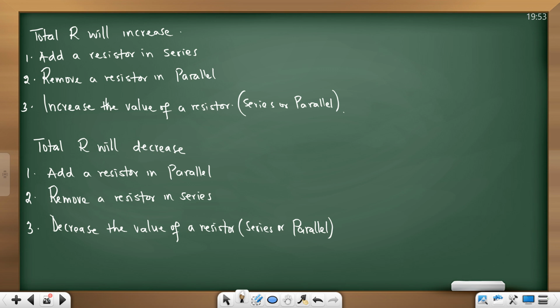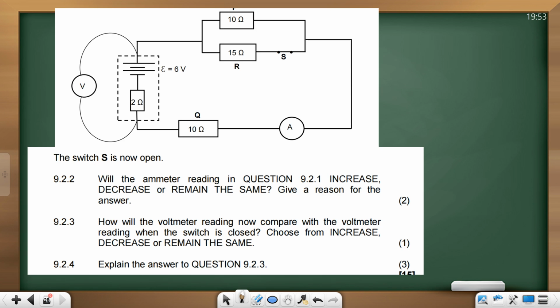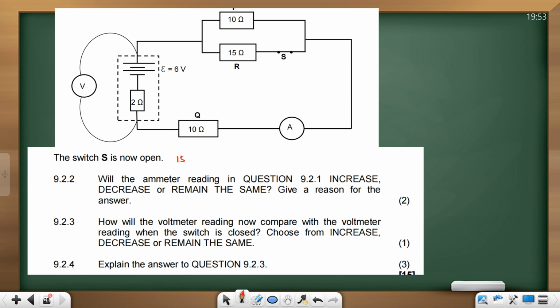Okay, can we try to answer the remaining part in the next few minutes that we have? The switch is now open. What happens? The 15 ohms is removed. Wait, how is the 15 ohms connected? In parallel to the 10.